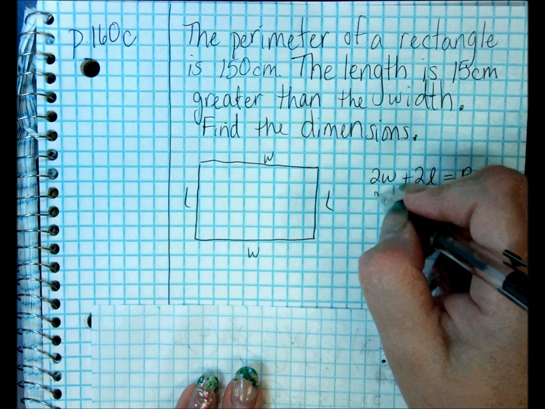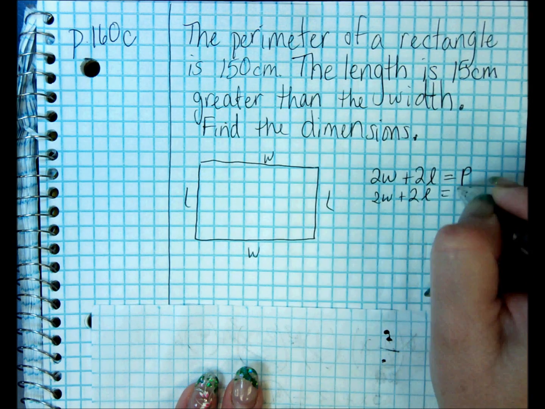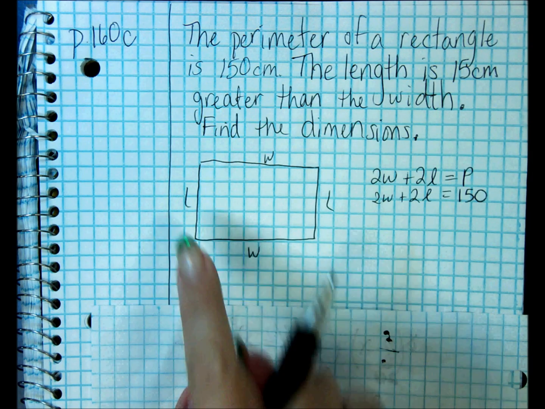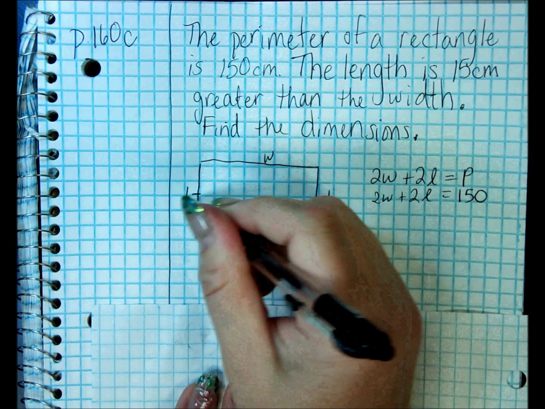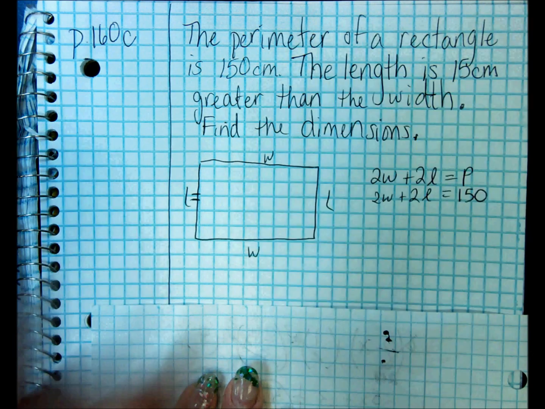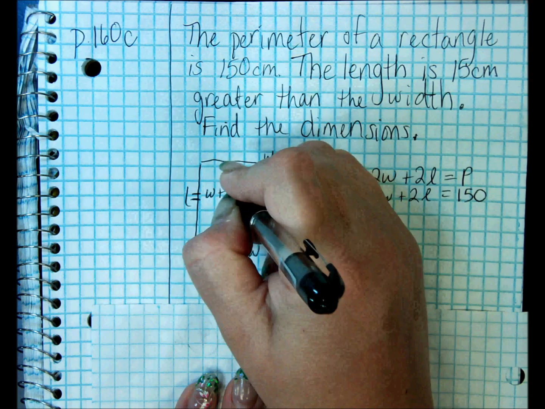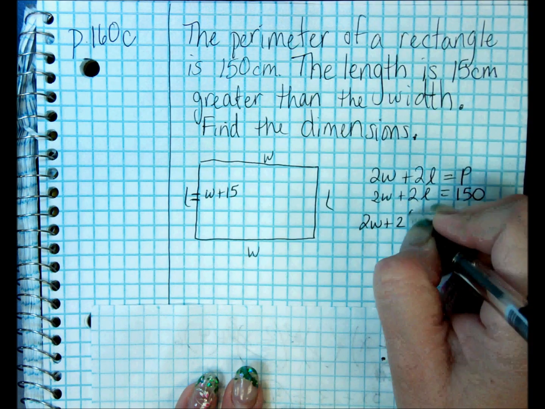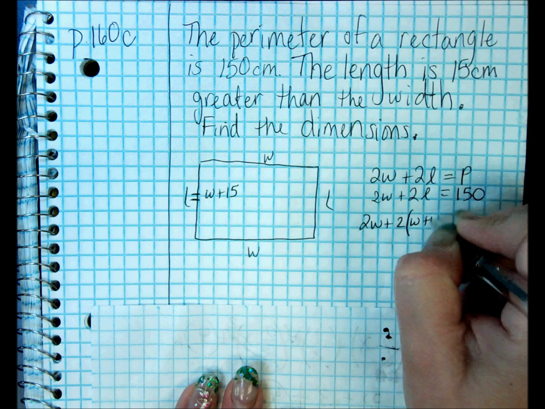It says the perimeter is 15, excuse me, 150 centimeters. The length is, and "is" usually means an equal sign, 15 greater than the width. So whatever the width is, it's going to be 15 greater. The width stays the same, but I'm going to change the length to width plus 15.